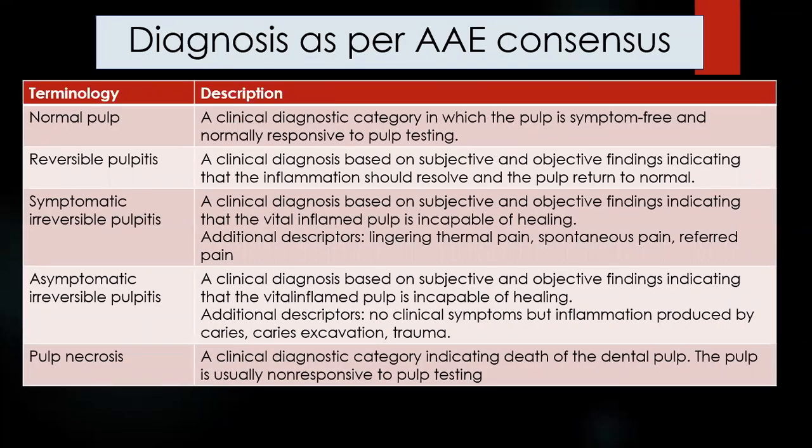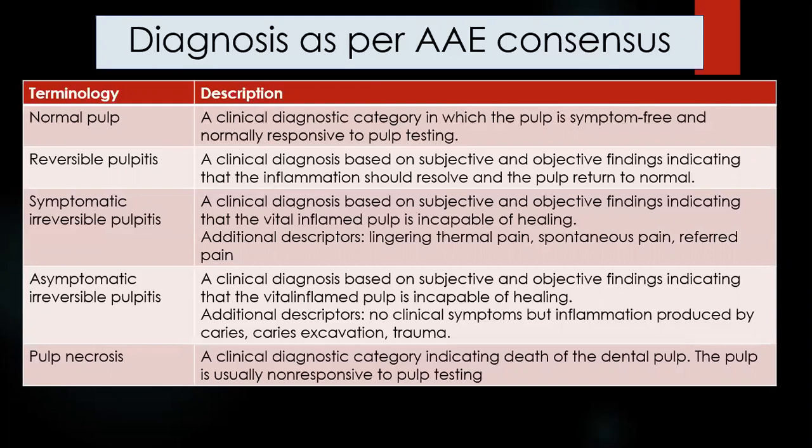So as per the American Association of Endodontists consensus, we have normal pulp, which is symptom free. We have a reversible pulpitis, based upon the finding that the pulp may resolve and return to normal. We have symptomatic irreversible pulpitis, which has clinical signs and symptoms, with lingering pain, spontaneous pain, referred pain.